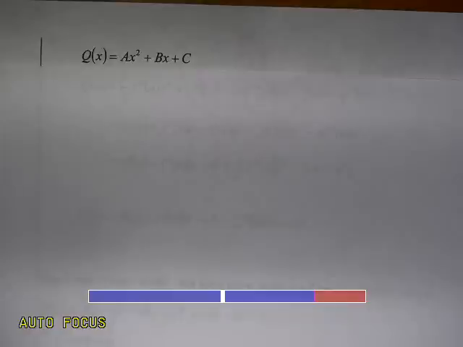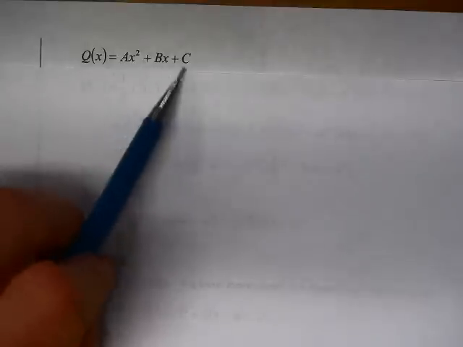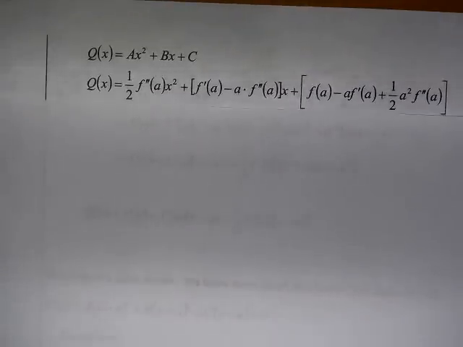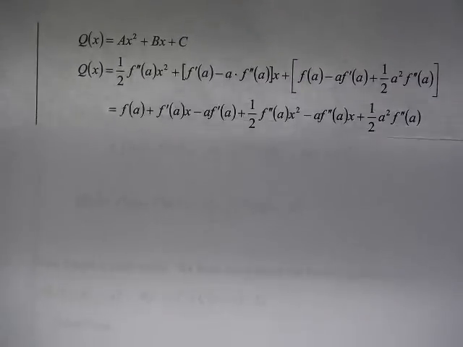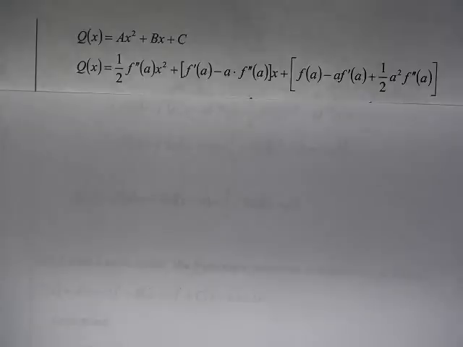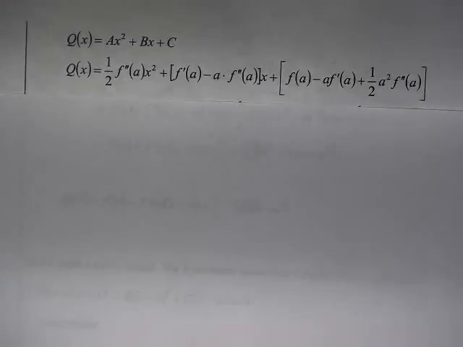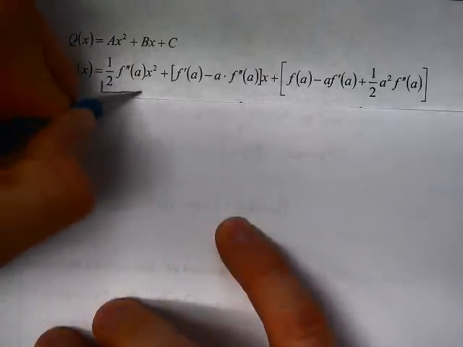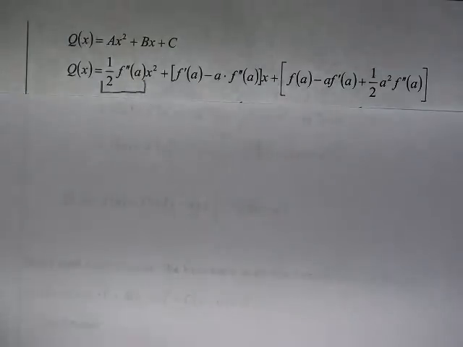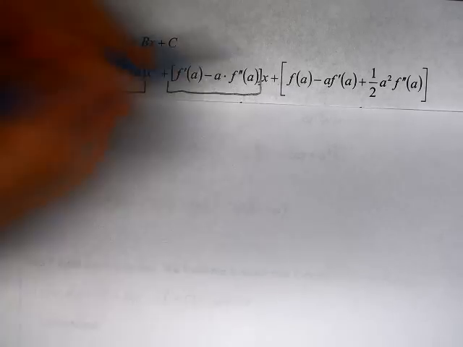So this was my original quadratic model of f. So I have ax squared plus bx plus c. Here's what we get when we make those substitutions. Here's my a. Here's my b.